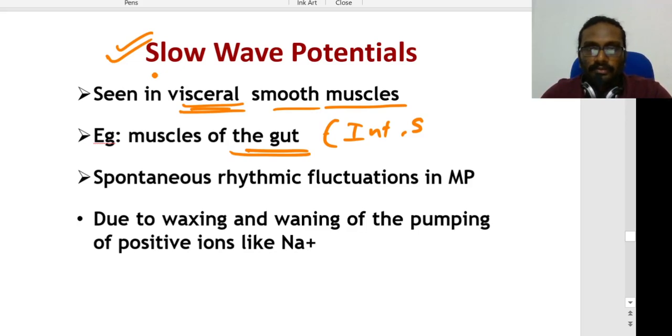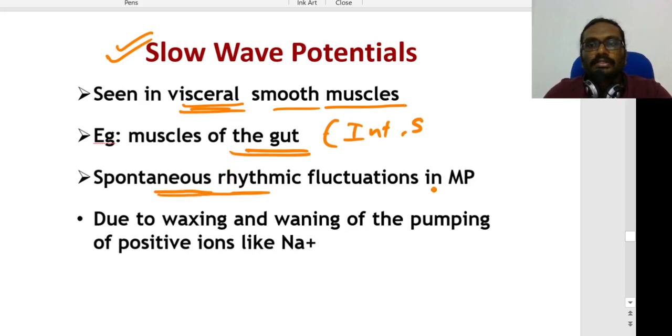The potentials showing automaticity that we saw in the SA node and AV node, you will find in the intestine, because what you require in the intestine is spontaneous rhythmic contractions.